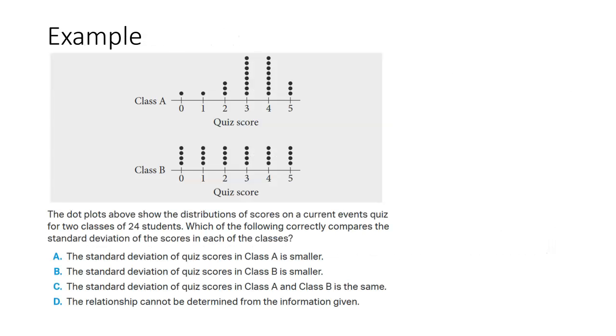So we have 2 dot plots talking about quiz scores on 2 different classes, 24 students each. All right? So in our first class, there was a student that got 0, 1 that got 1, and then 3 that got 2, and then a bunch that got 3 and 4, and then a few students that got 5. Okay? Without calculating, for class A, where do we think the mean is approximately going to be?